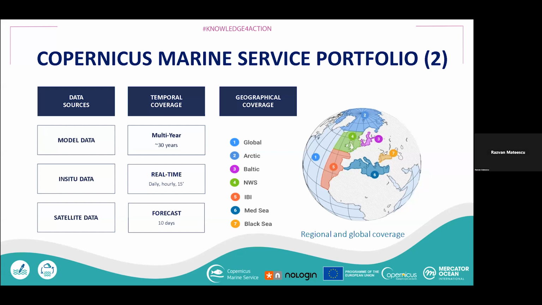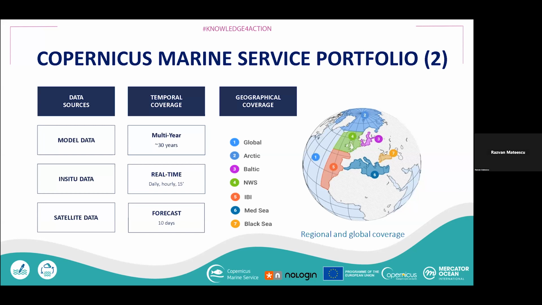For all of this, data can be accessed with a temporal coverage starting from real-time data with daily or hourly resolution, but also up to 30 years of data. Sure, you have forecasts from 1 day to up to 10 days sometimes.